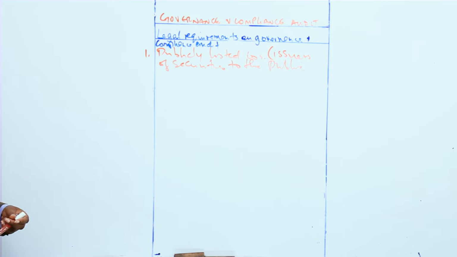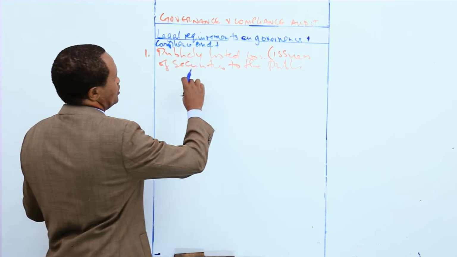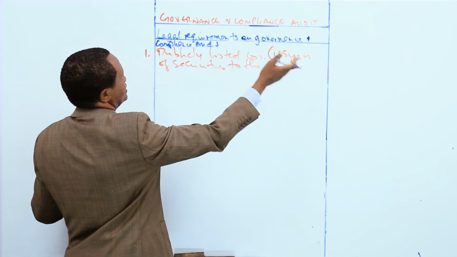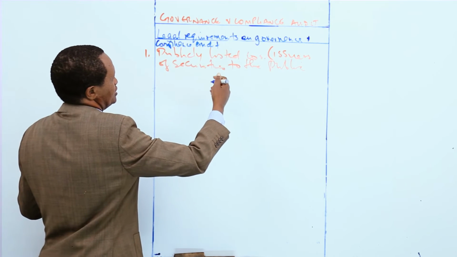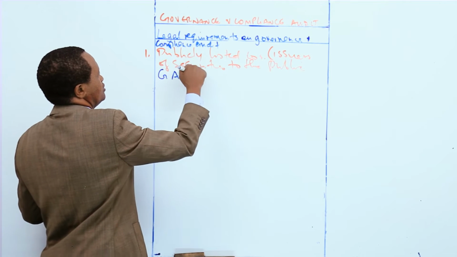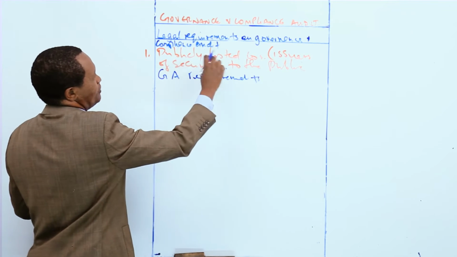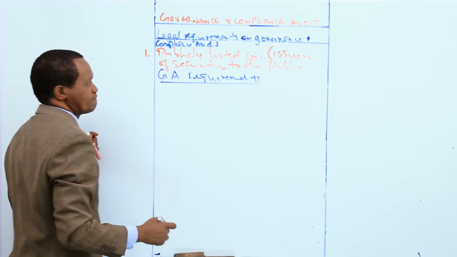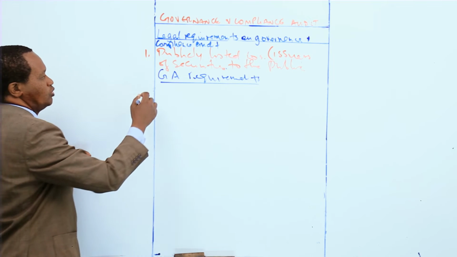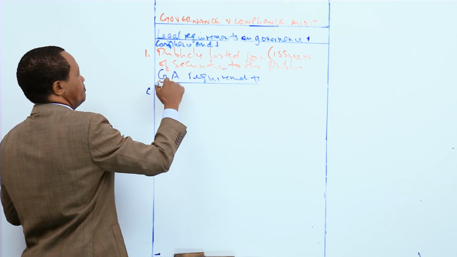So what are the governance audit requirements? We want to study the governance audit requirements because we are studying the legal requirements on governance and compliance audit. So the governance requirements for publicly listed companies include the mandatory annual governance audit. One, mandatory.